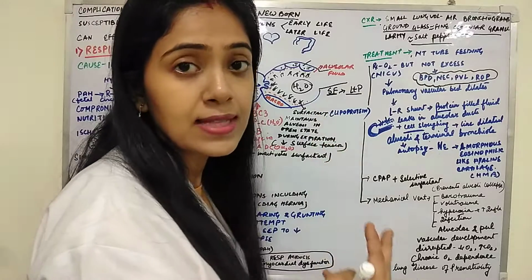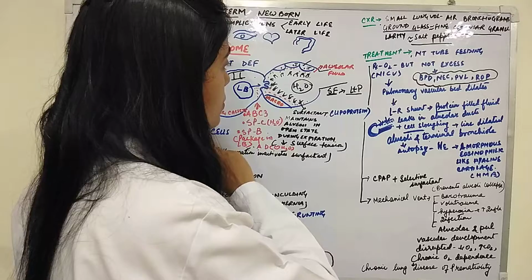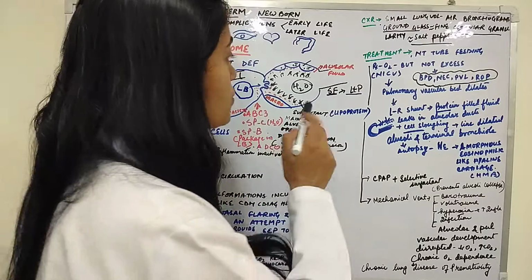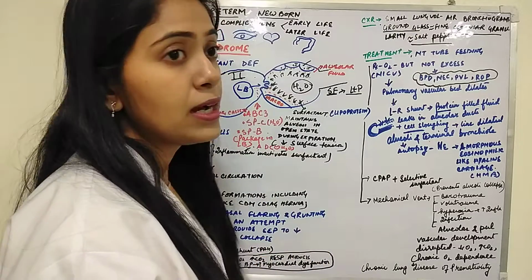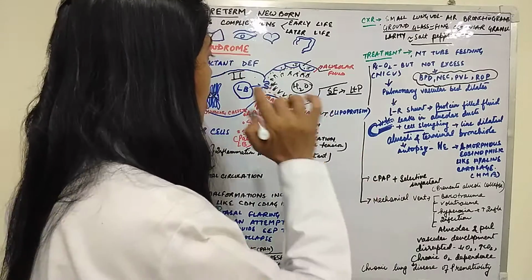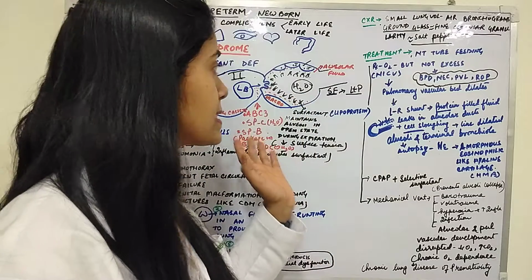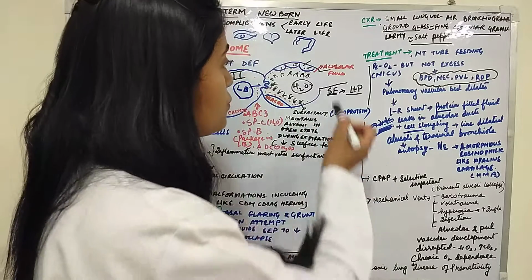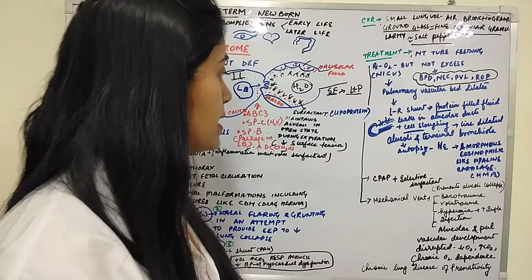We have three kinds of cells present in the alveoli: type 1 pneumocytes, type 2 pneumocytes, and the macrophages. Of these three kinds of cells, type 2 is of utmost importance in this context because they are the cells which produce this beautiful molecule known as the surfactant.